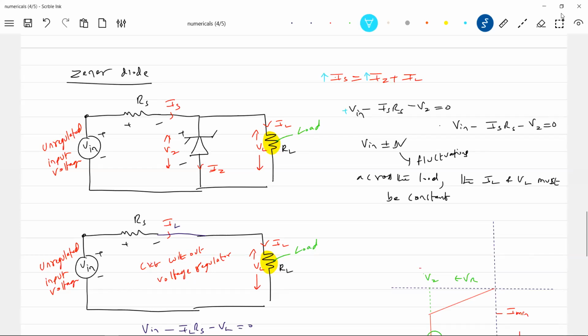Now if V in increases, IS will increase. Again, VZ will be constant.